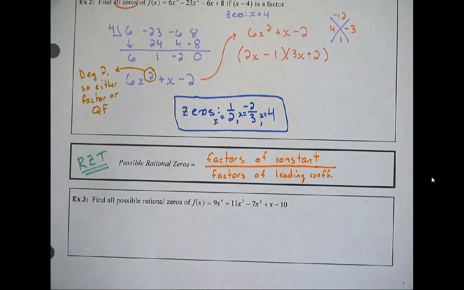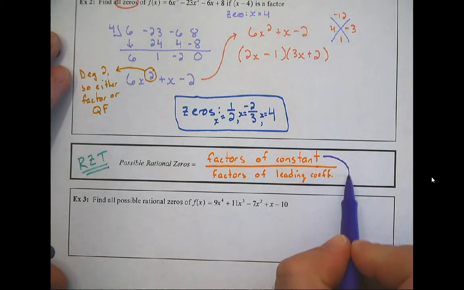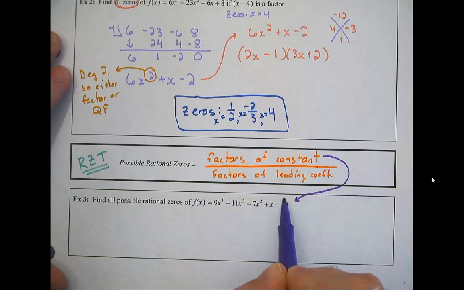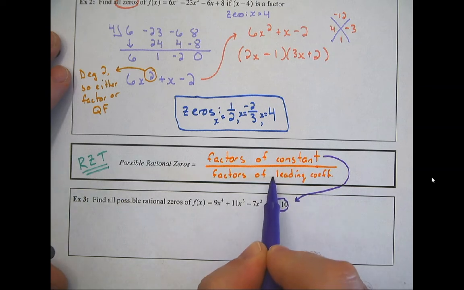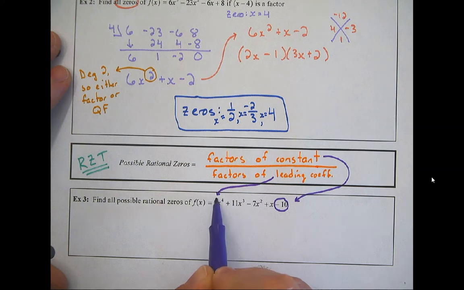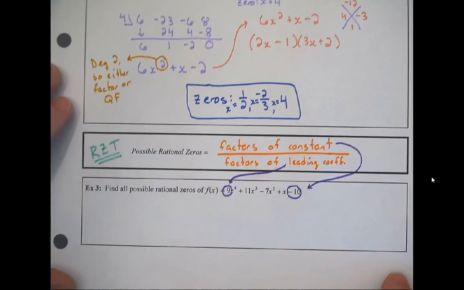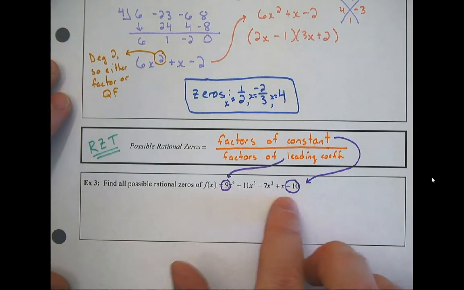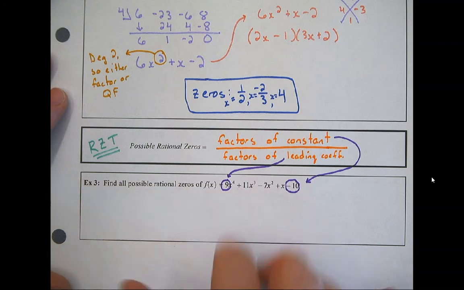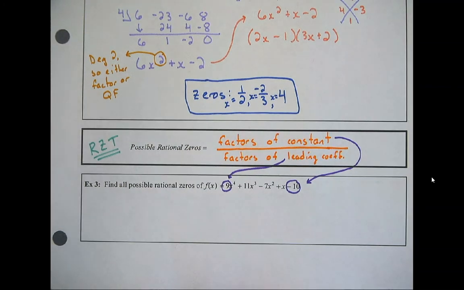So let's just quickly review which is which here. The constant is the number without an x. The leading coefficient is the coefficient in front of the highest degree term. So usually we put it in standard form, so it's the first thing and the last thing, but sometimes it's not. So you have to grab the highest term divided by the lowest term.